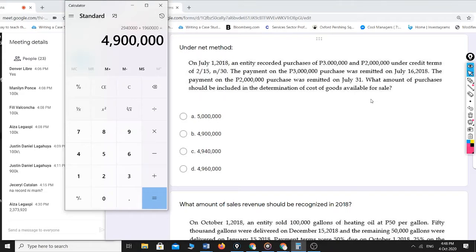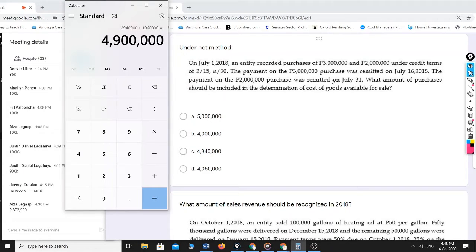So, that particular 40,000, it is treated as loss on purchase discount, or purchase discount forfeited. So, that is an expense account. Okay? Di na siya part sa cost of goods nga computation. Diretso na siya tong general expenses.